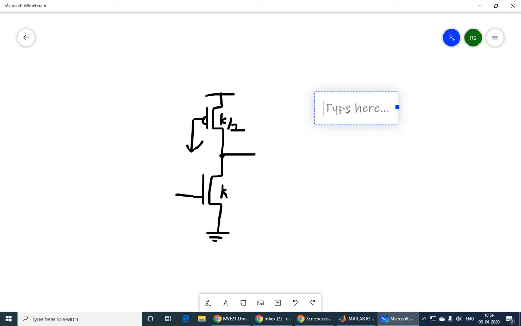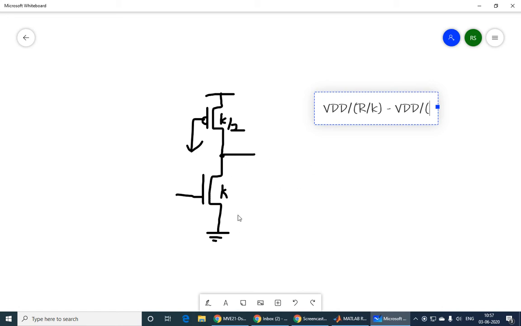So first we will write the NMOS transistor current. We'll just use average value V by R, VDD divided by what is the resistance of this single transistor. Its resistance is R by K. Minus VDD by what is the resistance of the PMOS transistor. Why do we have a minus? Because the current direction is different.